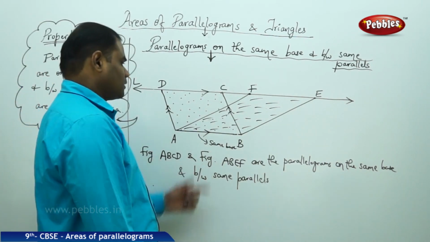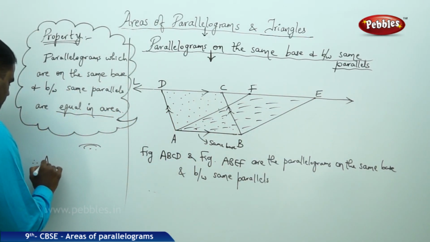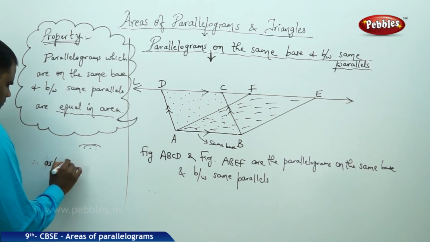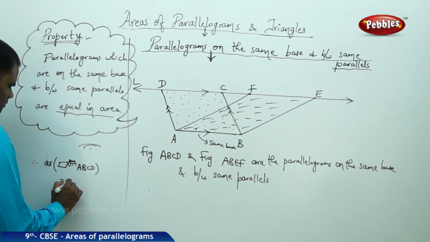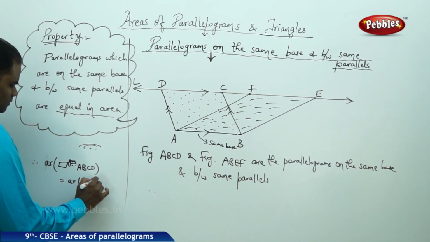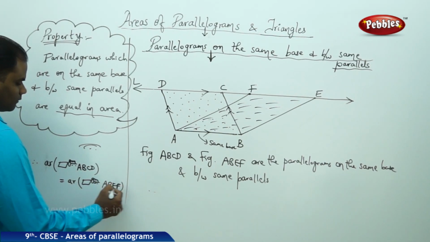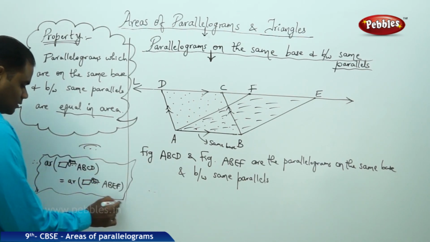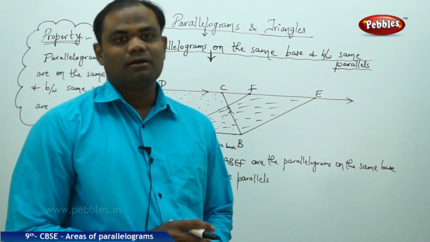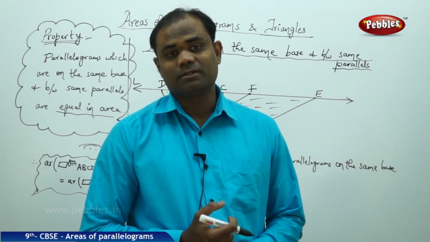So area of this parallelogram, therefore area of parallelogram ABCD is equal to area of parallelogram ABEF, is how I understand the area of two parallelograms being equal when they are on the same base and between same parallels.